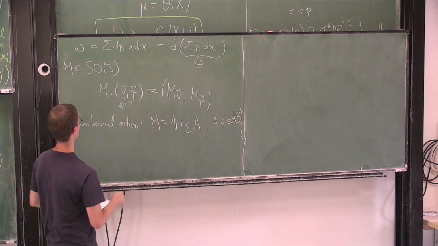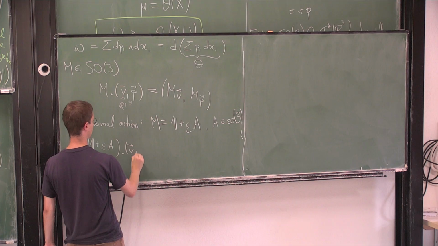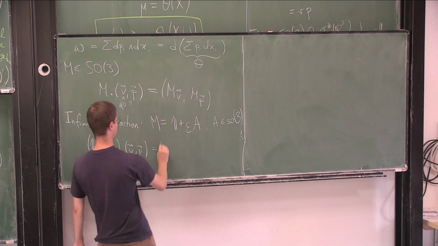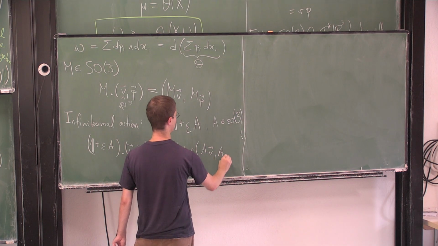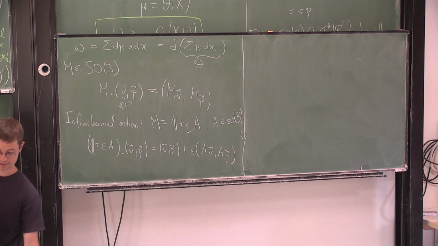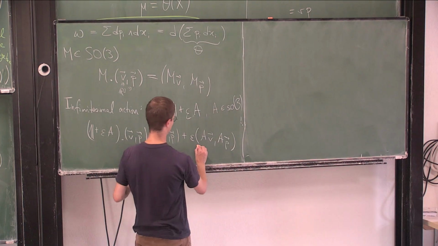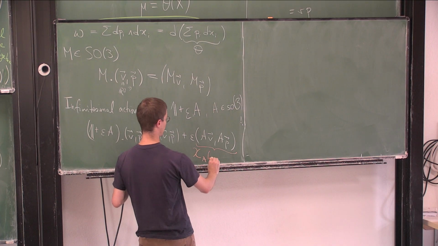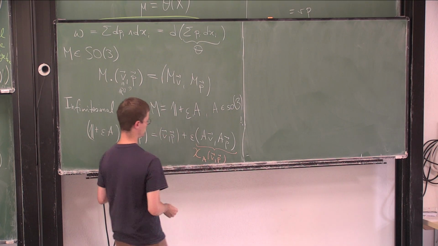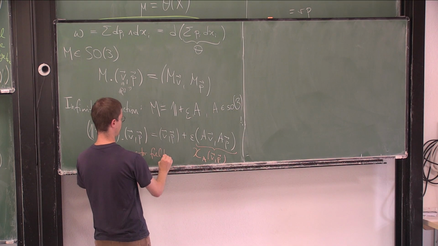In this case, it's pretty simple. (1 + epsilon A) applied to v, p gives simply v, p plus epsilon A v, A p. So the infinitesimal action is the same as the global action. This is our vector field, let's call it xi_A at the point (v, p), the vector field of the infinitesimal action.